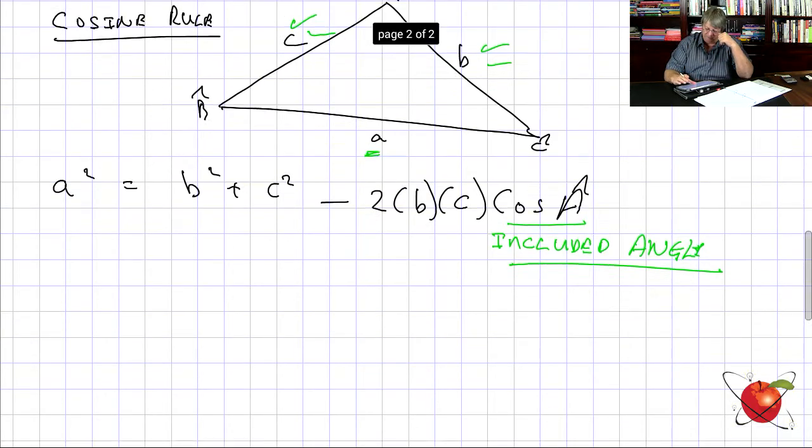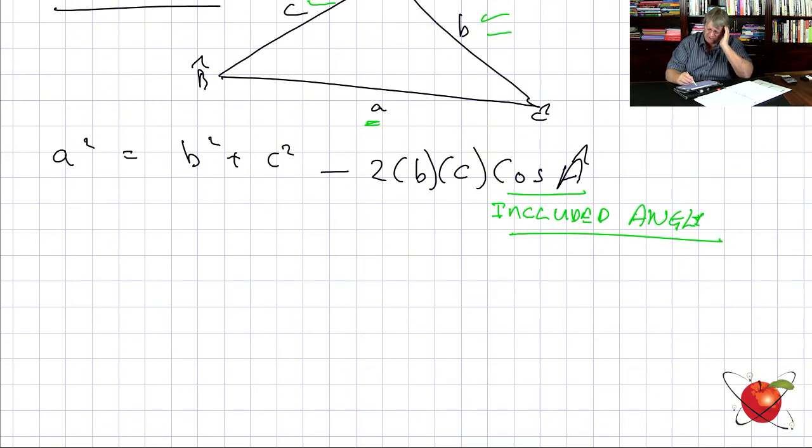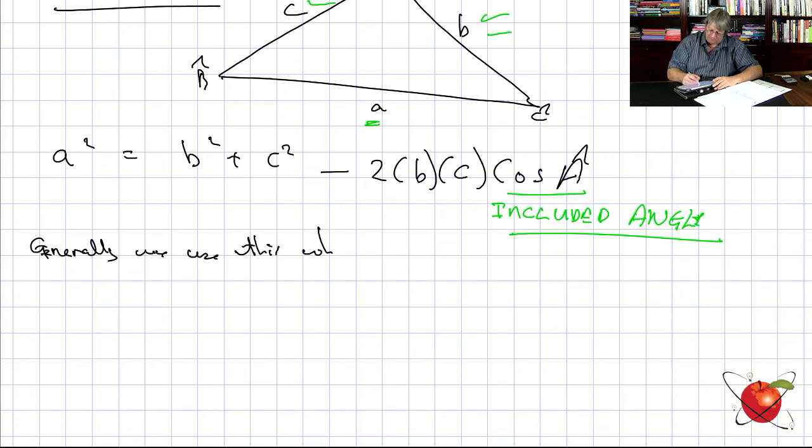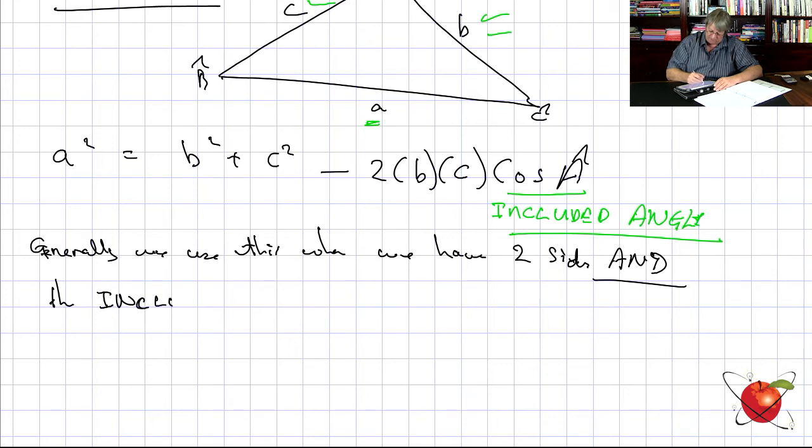So the cosine rule, okay, when do we use this? Generally, we use this when we have two sides and the included angle.